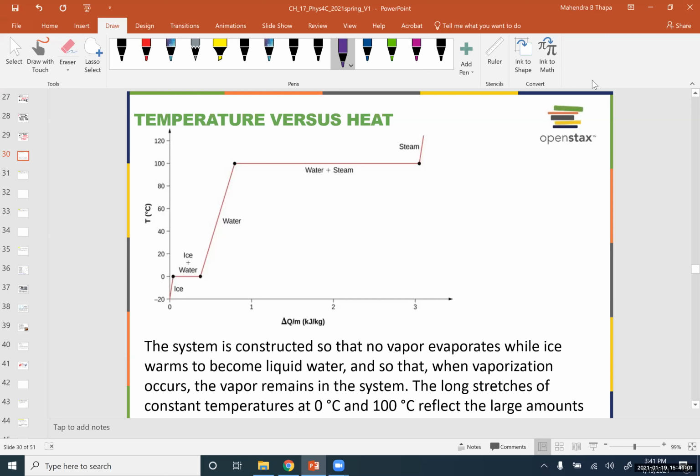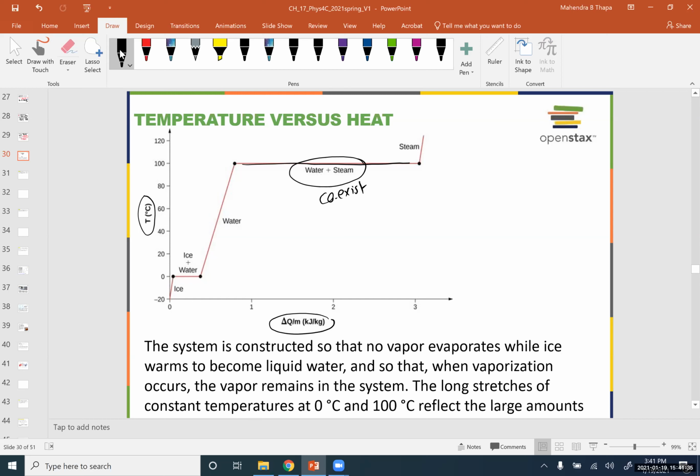So this is just a plot. They give you the temperature along the y-axis, and the amount of heat supplied per unit mass along the x-axis. You see that this flat portion is the change of phase state, where water and steam coexist at the same time.